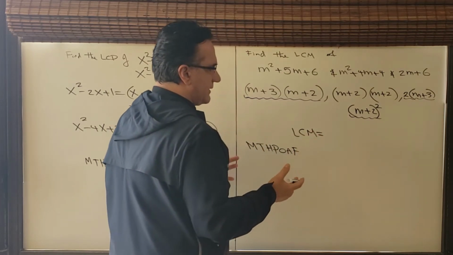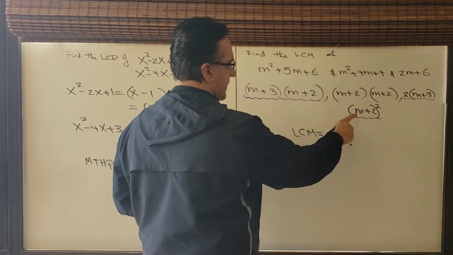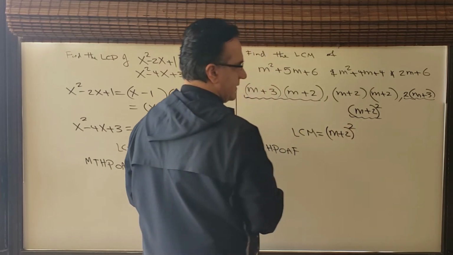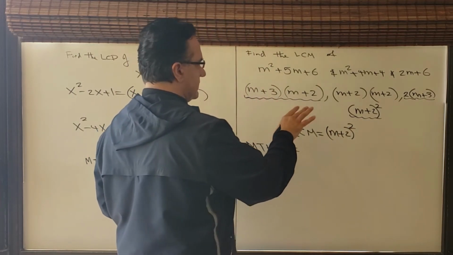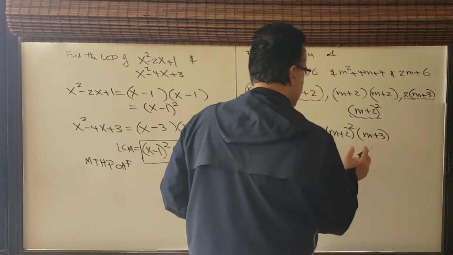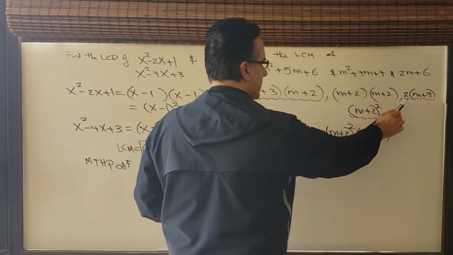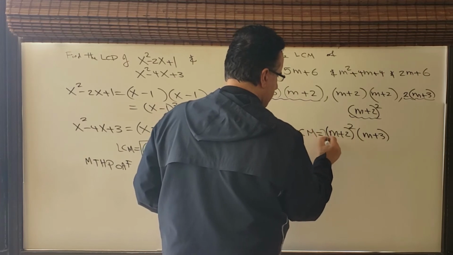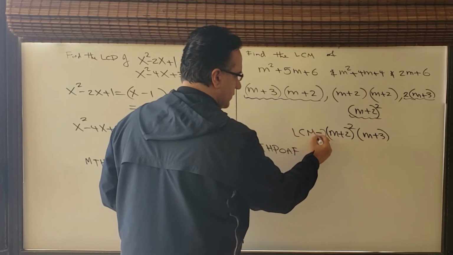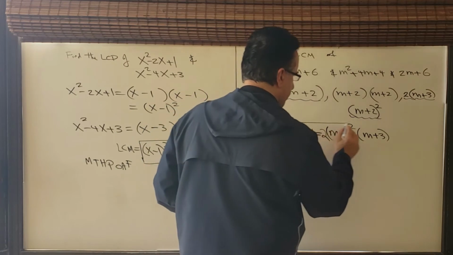Notice that for m plus 2, the highest power is going to be represented by m plus 2 squared. The other factor that we see is m plus 3. That one is going to bring in an m plus 3. And let's never forget the all-important constants. The only constant we have here is a 2, so that's going to be part of our LCM as well. So for the LCM, we get 2 times m plus 2 squared times m plus 3.